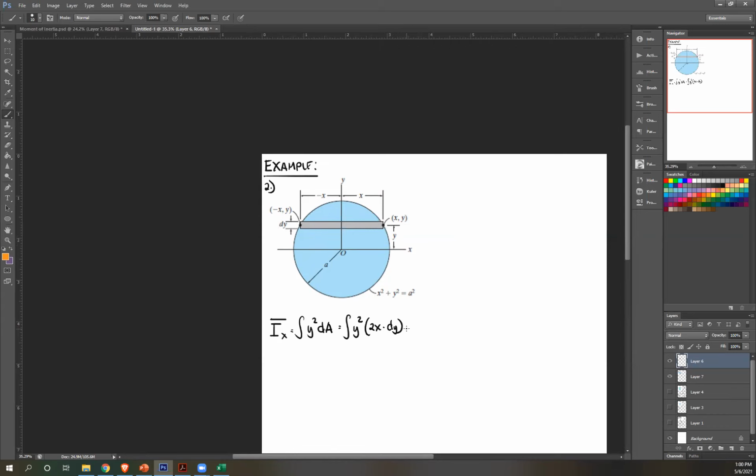Okay, next step is to take your limits, so your upper and lower limit. So that it's easier to understand, this a is the radius of your circle, so a equals r. Knowing that a equals r, can anybody give me what is the lower limit of this equation?